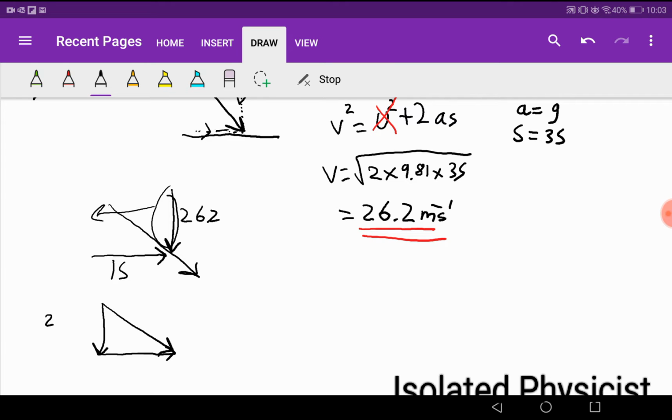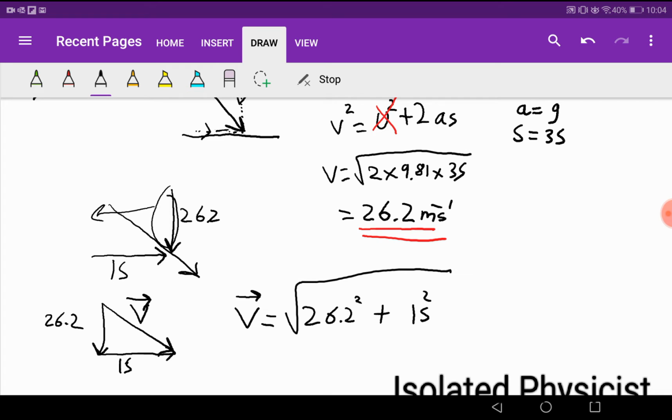So 26.2, 15, and I'm going to call this capital V with a little line. So capital V is going to be equal to the square root of 26.2 squared plus 15 squared. Again, I'm squaring that 26.2, which is a rounded answer, so I'm mindful that I might be a little bit out. That equals about 30.19 or 30.2 meters per second as a final answer.